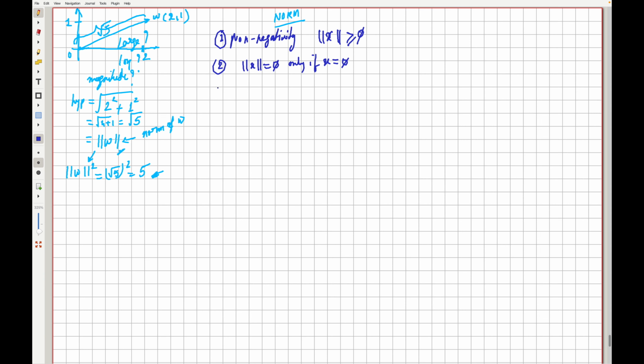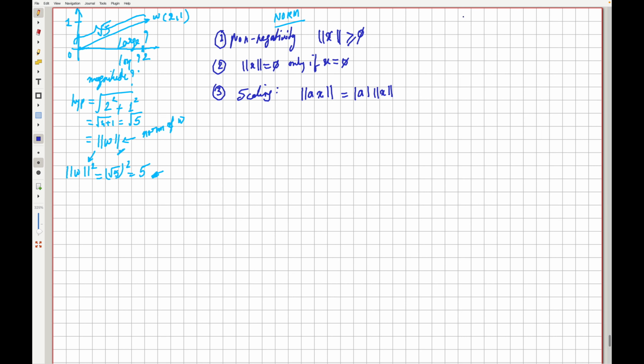And the third property is scaling or homogeneity. What we mean by that is, let's say we multiply the vector x with a scalar and then take its norm. It's the same thing as getting the norm of x first and then multiplying with the absolute value of the scalar. For example, let's go with the same example that we have here.